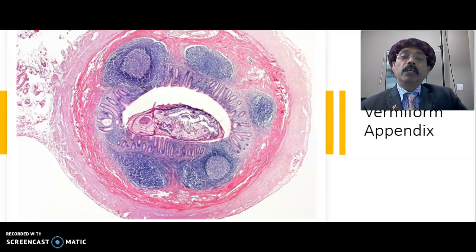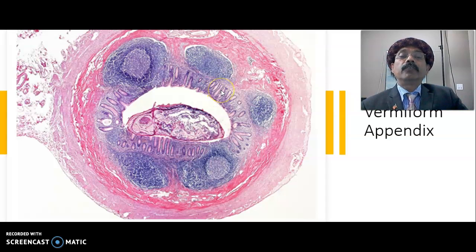With goblet cells, we also have tubular intestinal glands or crypts of Lieberkühn. These are shorter and fewer than those of the large intestine, but still we have multiple intestinal glands.